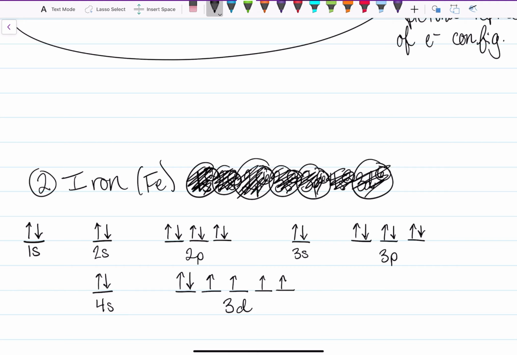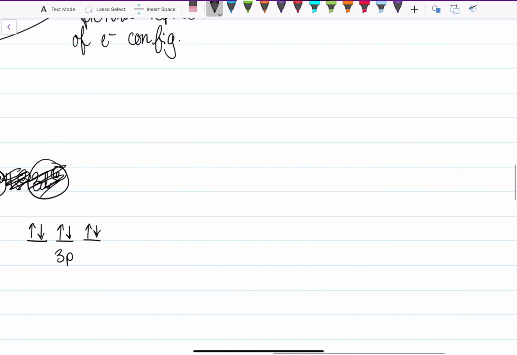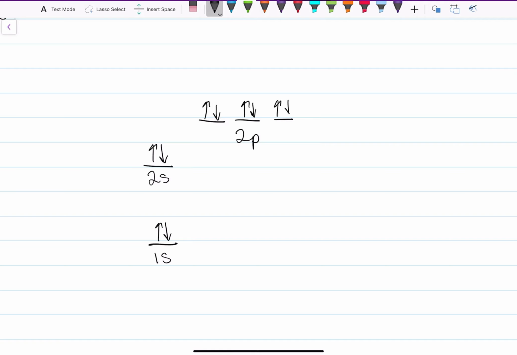By the way, you might see these diagrams drawn upwards. So if you see something like this instead, where it goes 1s, and then you see 2s, and you might see 2p off to the side, that is fine as well. What that's doing is showing you increasing energy.